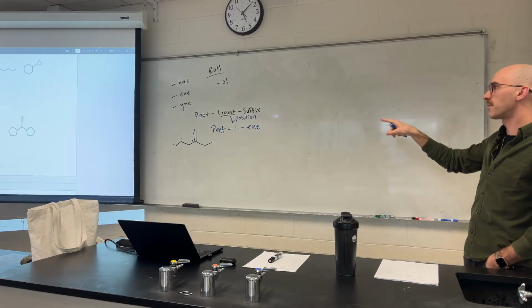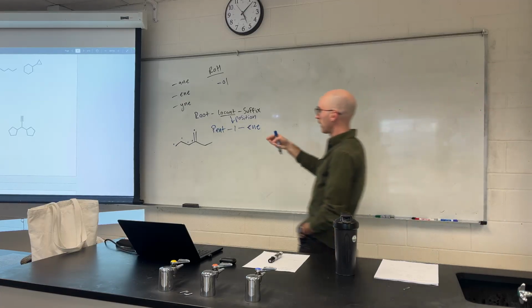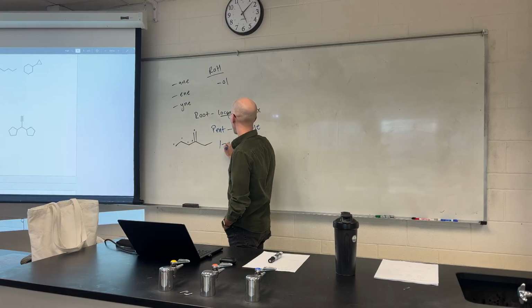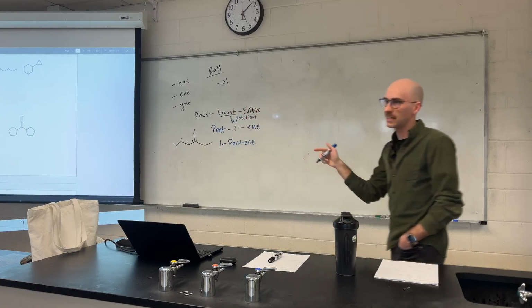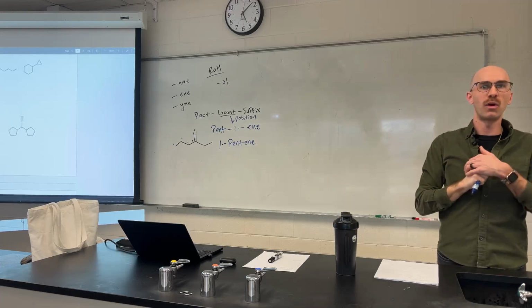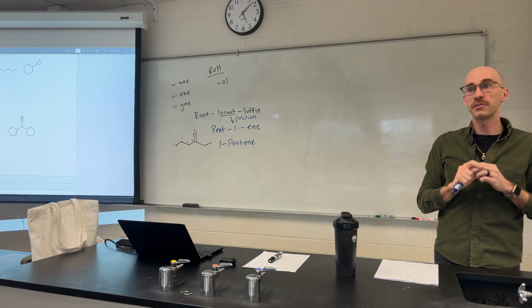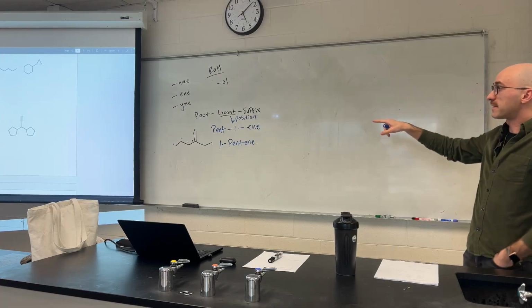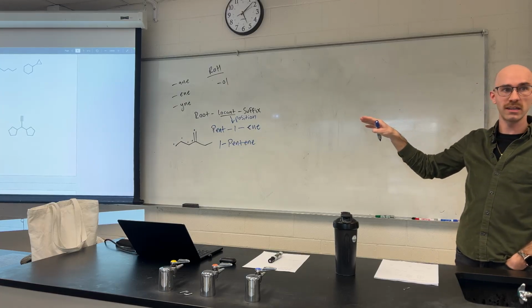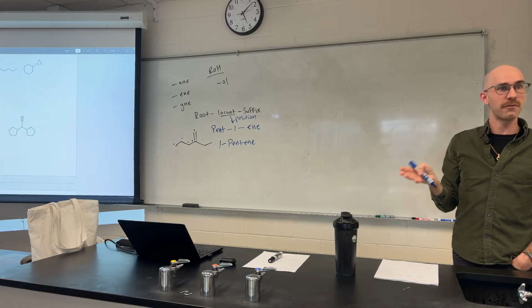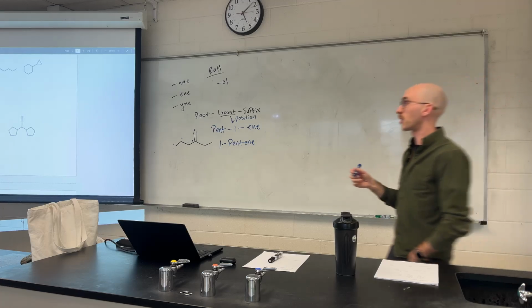A lot of times, though, the names take this locant and they'll put it in front of the root. So this might be called 1-pentene instead of pent-1-ene. Both are acceptable.